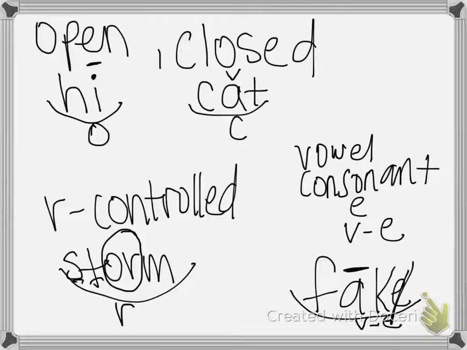So finding the vowels for Monday and breaking those syllables apart, all the way to now labeling those, because it's a really big part of our Wilson instruction is knowing how to label these, because when you get to these big words, if you know what kind of syllable it is, you know what the vowel will say, so you will in the end know what that word is, okay?